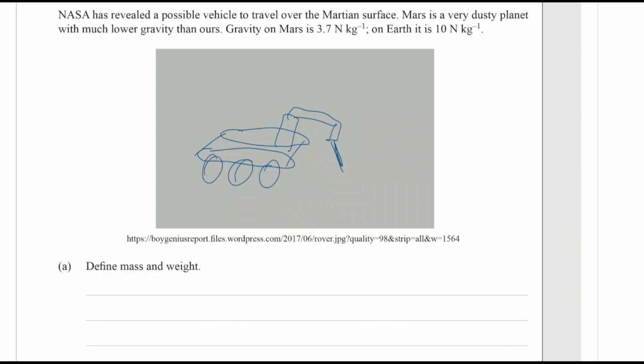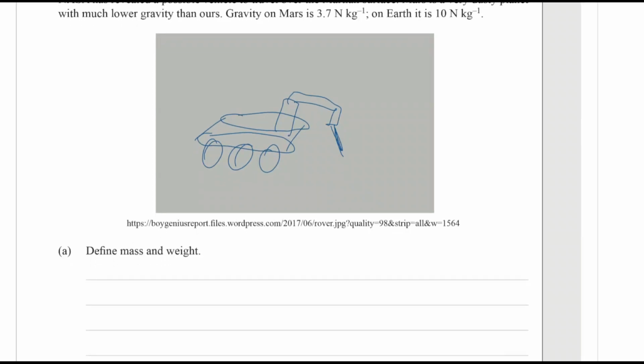Anyway, define mass and weight. Awesome. Mass versus weight. So, what is mass? Let's start with that. Mass is the amount of stuff, right? Or the amount of matter in an object.